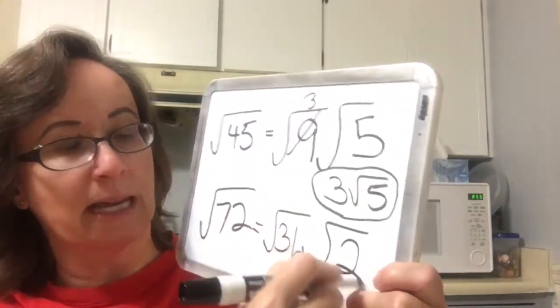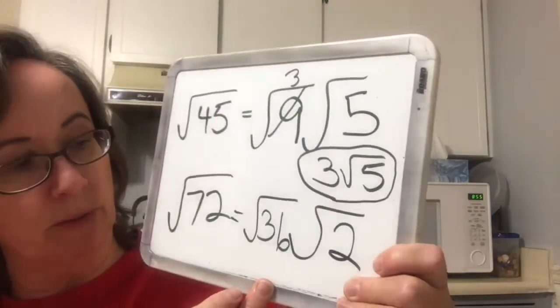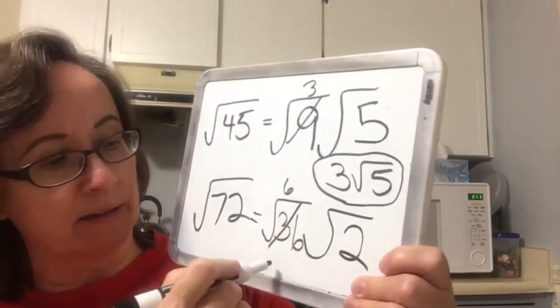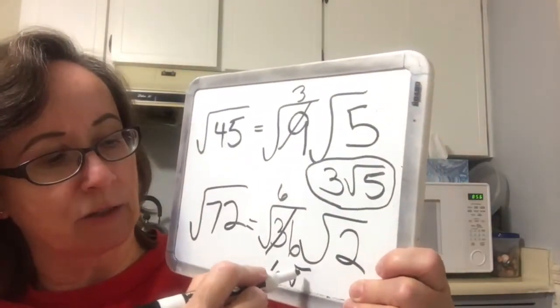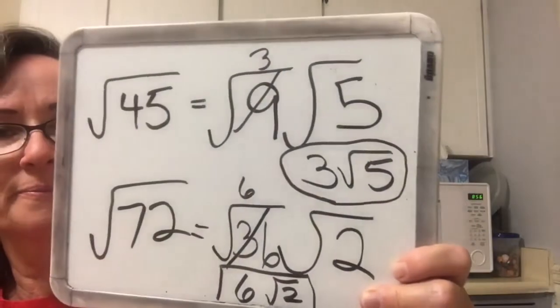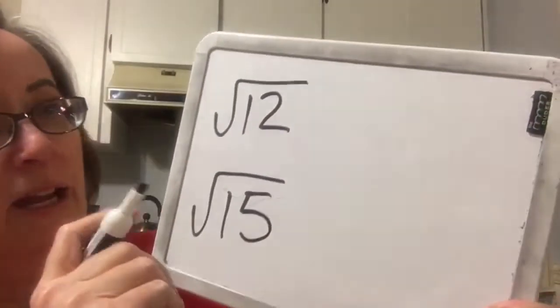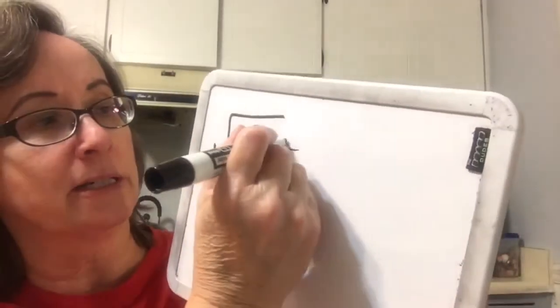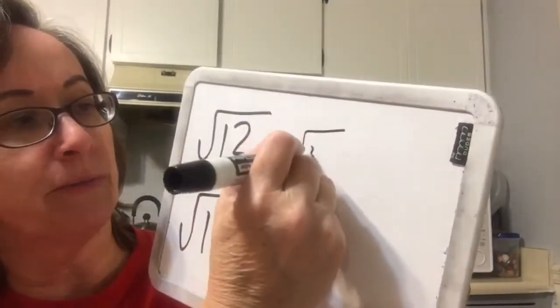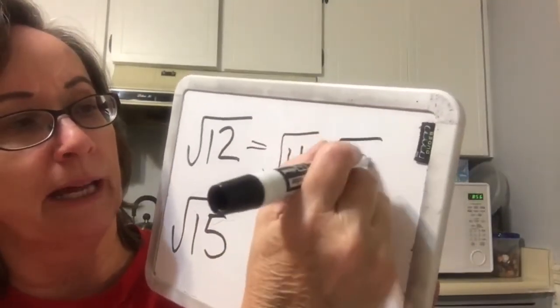Square root of 72, the largest perfect square we can find in 72 is 36. So 36 times 2 is 72. This 36 becomes a 6 outside the radical, so our answer is 6 square root of 2. Now we are going to break apart the 12 into the square root of 4, square root of 3.